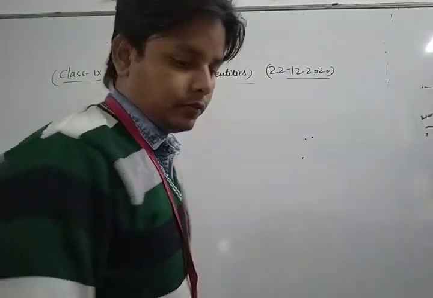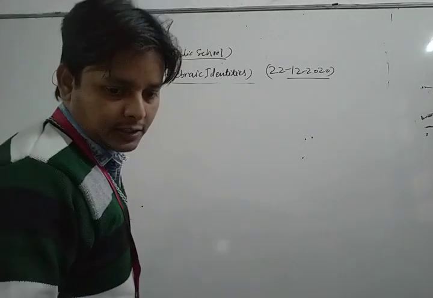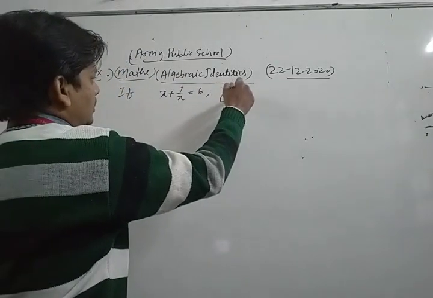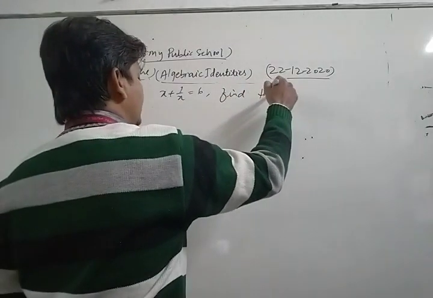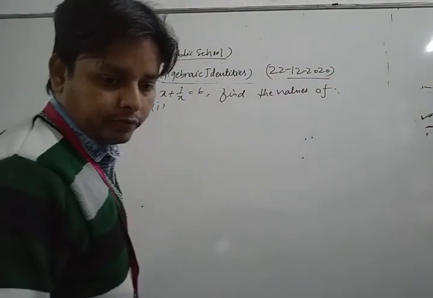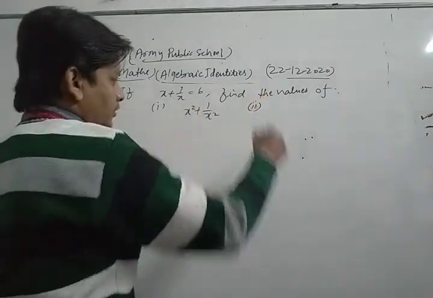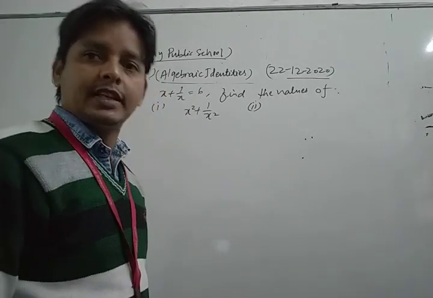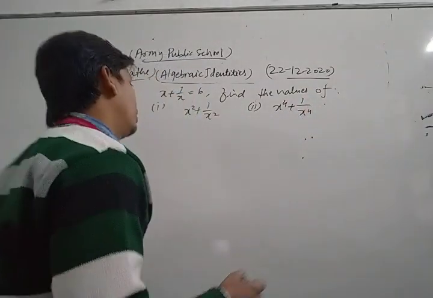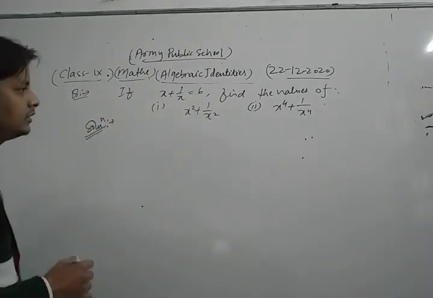Now, our question is: if x plus 1 upon x is equal to 6, find the values of, first, x square plus 1 upon x square, and second, x to the power 4 plus 1 upon x to the power 4. This is the question here. Now let's see its solution.